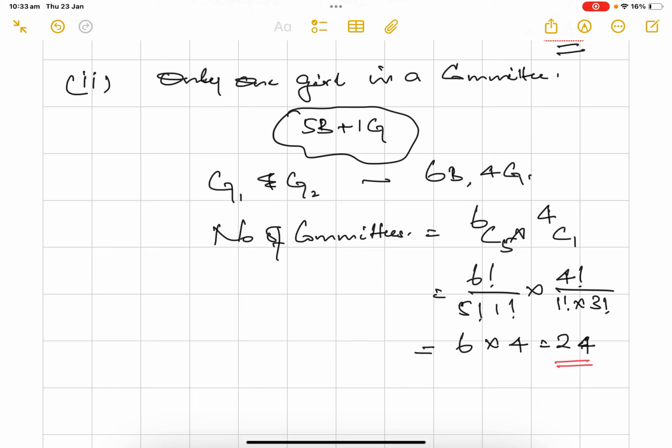So 6 factorial divided by 5 factorial will be 6, and 4 factorial over 3 factorial is just 4. 6 times 4 is 24. The number of ways to select the committee for the second condition is 24.